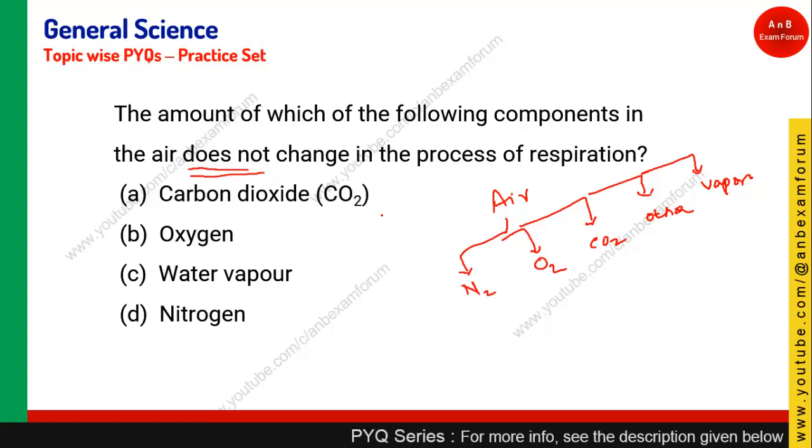We know that the composition of the various components in air is like this: nitrogen is 78%, oxygen is 21%, carbon dioxide is 0.003%, and the remaining are other gases and water vapors.